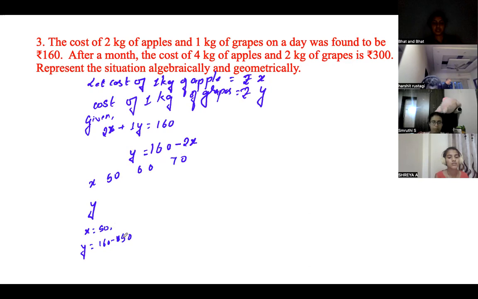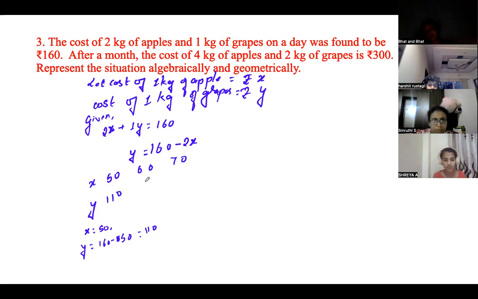So 160 minus 50, how much is that? 110. So here it will be 110. Next value, can you tell?